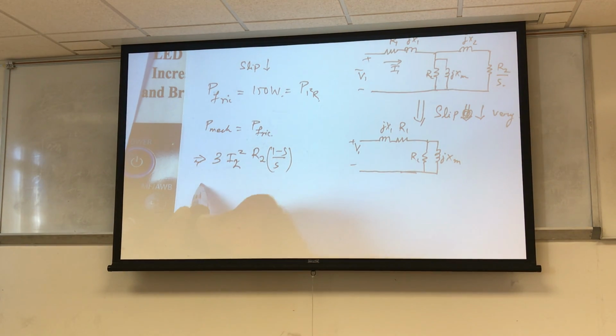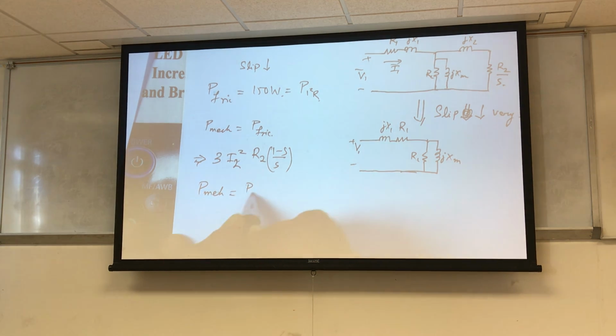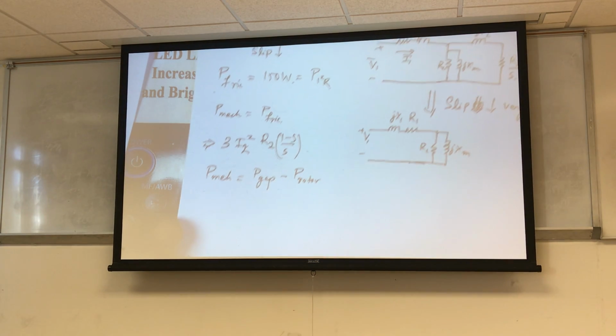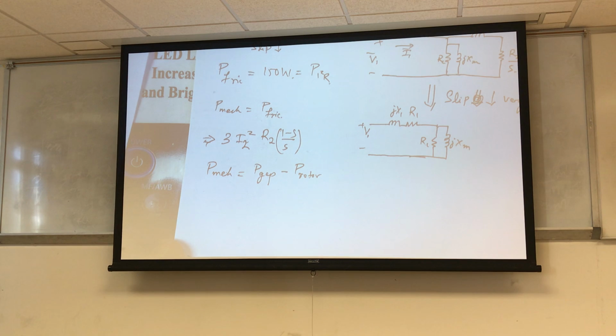So P mechanical is equal to P air gap minus P rotor. So what is P air gap? It's just 3 I2 squared R2 over s.